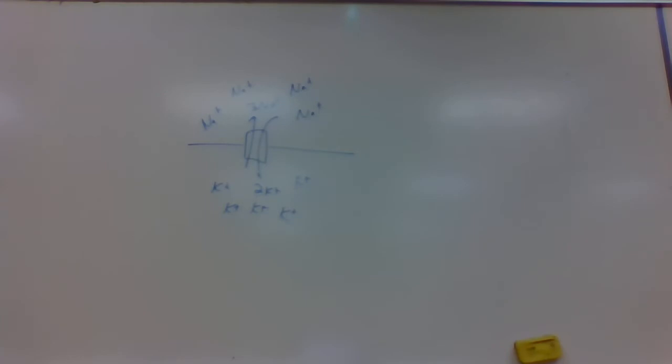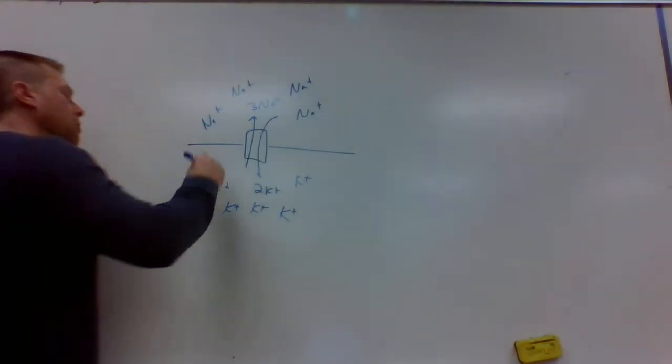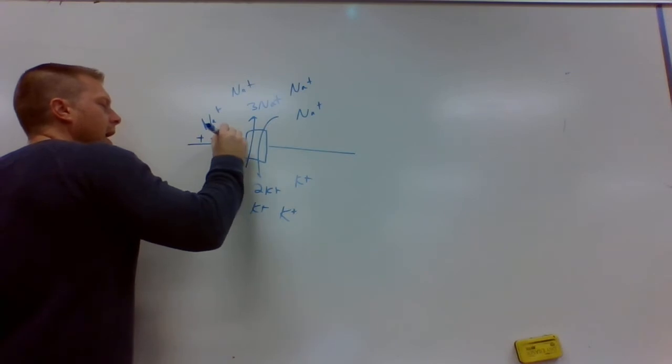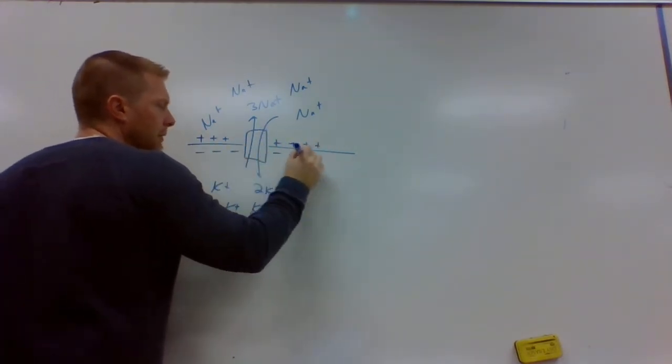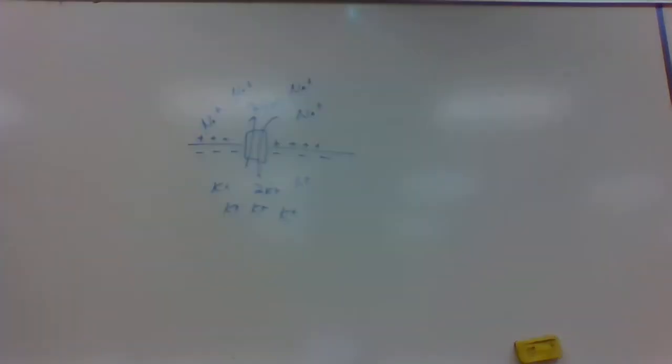But you're pumping 3 sodium out for every 2 potassium in. So where are there more positive charges actually going? Out of the cell or into the cell? Out. You actually have a lot more going out. And what that does is that it causes the outside of the cell to have the positive charge, and it causes the inside of a cell to have a negative charge.